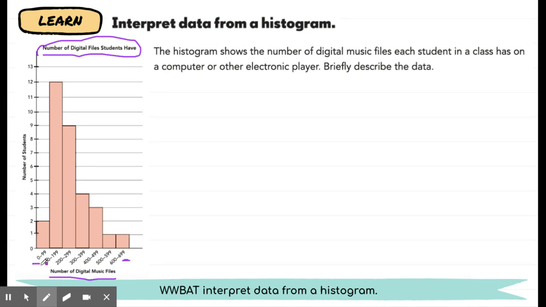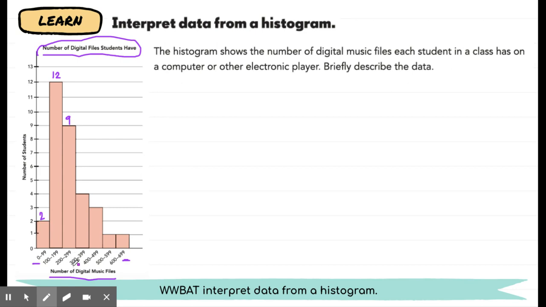There are 2 students who have 0 to 99 music files on their computer or other electronic players. There are 12 students who have 100 to 199 music files, and 9 students who have 200 to 299 songs.